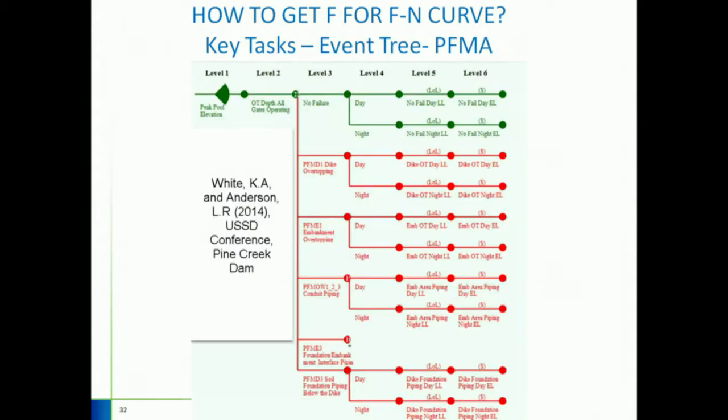Here's an example from a real application as published by White and Anderson at the 2014 USSD conference, Pine Creek Dam. You can see an event tree. All gates operating, no failures, and then if there's failure, dike overtopping, embankment overtopping, conduit piping, and it goes on, and there's a bunch of events happening after that.